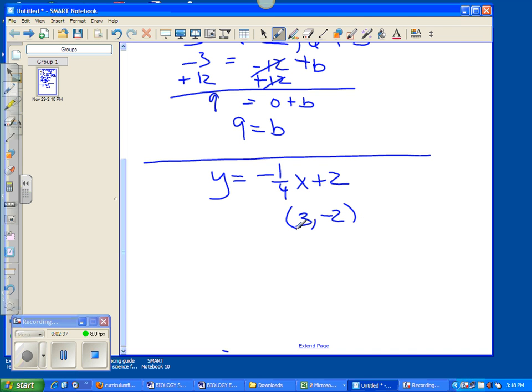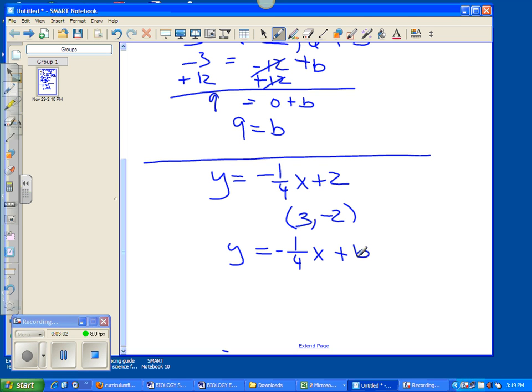So if you remember what all parallel lines have in common, all parallel lines have the same slope. So you already know that in your formula that you're going to write down, it's y = -1/4 x + b, because if it's a parallel line, it will not cross the same y-intercept unless it's the same exact line.